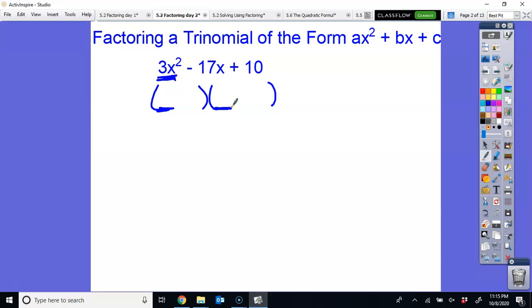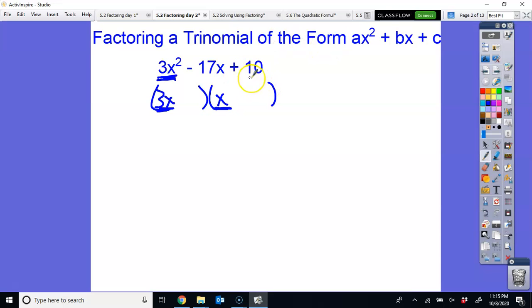Because I couldn't divide the 3 out, it has to be the factors of 3, 3x times 1x. How do I know it's 3 times 1? Because, guys, that's the only way to get 3. Also notice that the last number, +10, is positive.